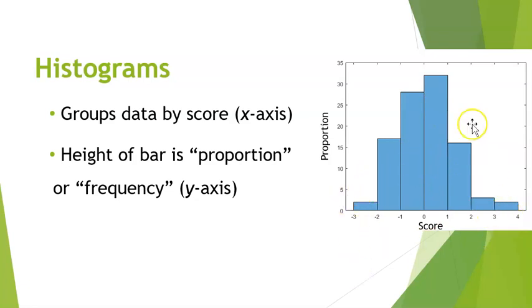Now, the one downside with a histogram is you can't always identify the mean as easily. However, you can more easily identify the median or the mode. Like the mode here, the score would be a 0, because that happens the most often.